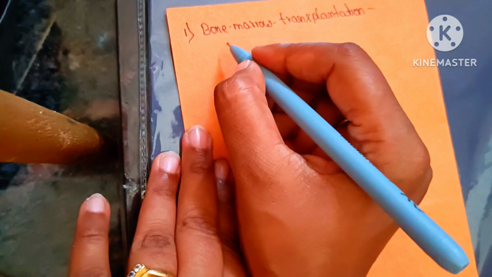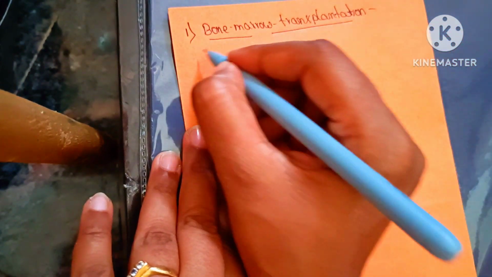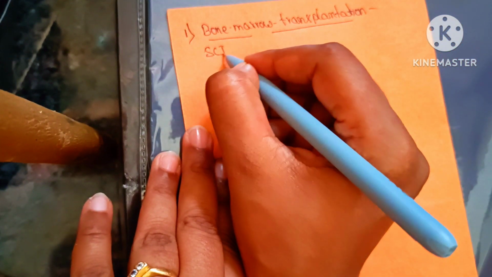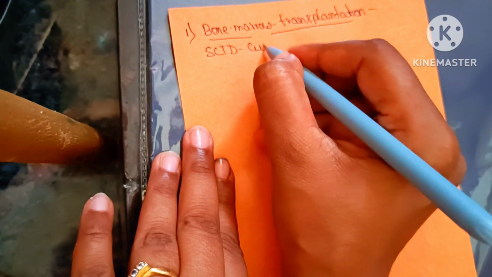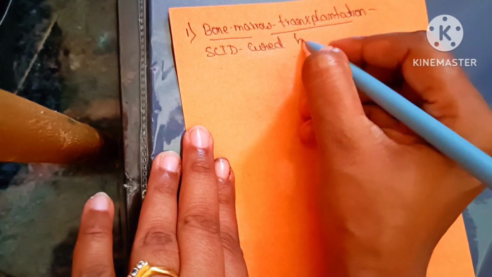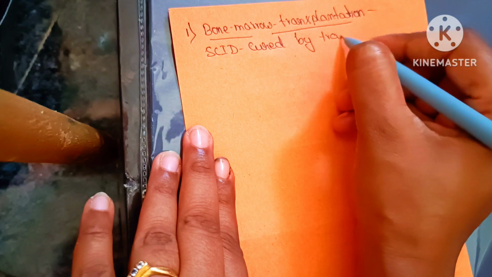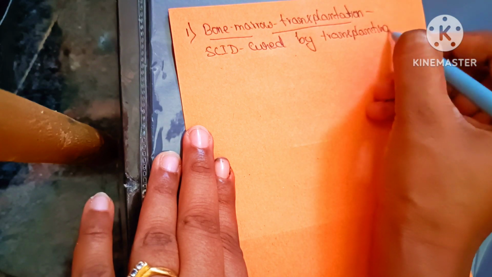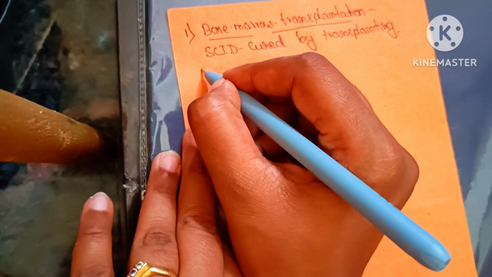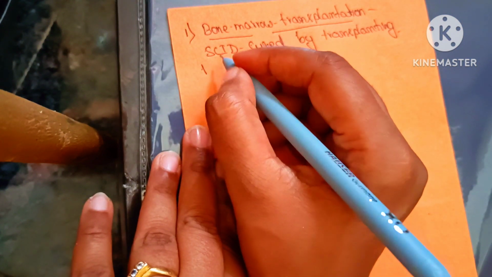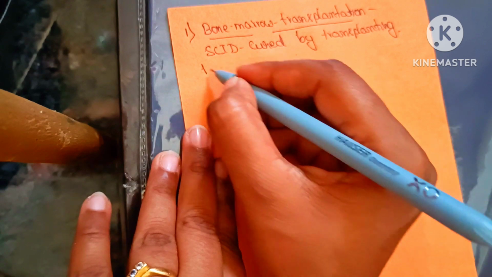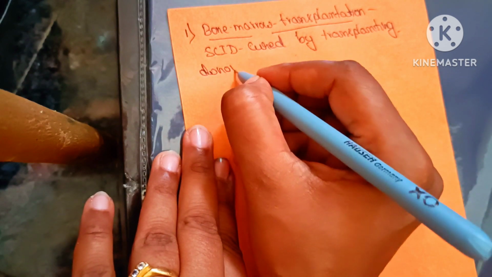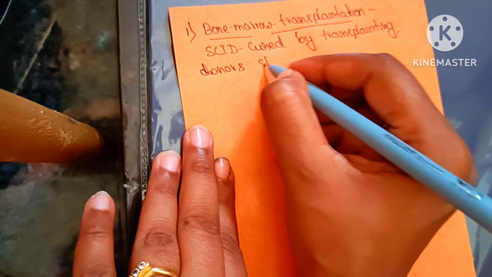Bone marrow transplantation. Here, the SCID condition can be cured by transplanting donors' stem cells.